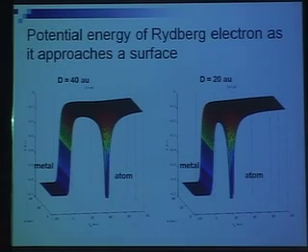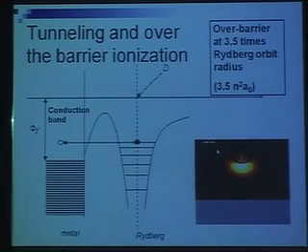And that gives rise to ionization. So this is what's illustrated here. You can see as you start to get some penetration to the surface, the Rydberg wave, if you like, goes into the surface. For metals, in general, the Rydberg electron is going to be degenerate with the conduction band of the metal.